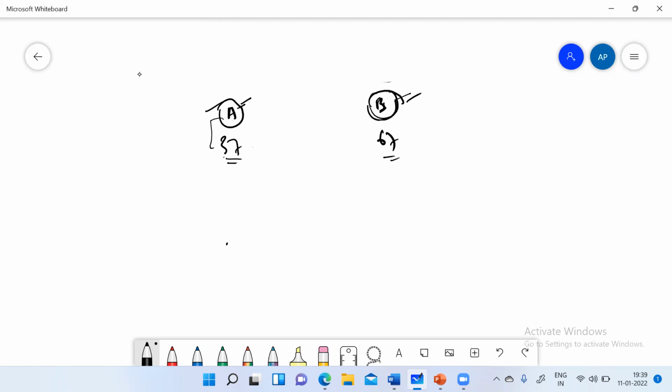That means B has whatever members they have, their average is 67. If the question asks you, if the total average, the group average is 57, and A has 14 members, how many members are in B?